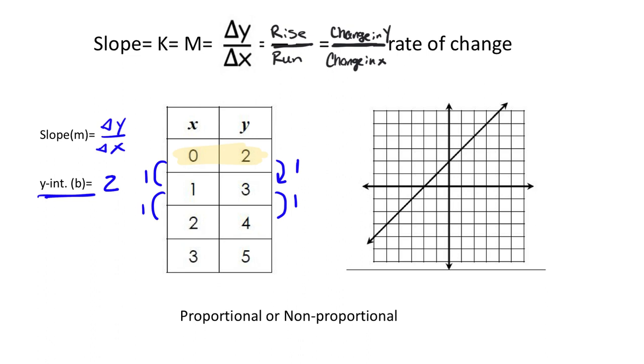The change in y was plus 1 over plus 1. So 1 over 1 simplifies to just 1. So my slope is 1. Box that so we can see it, and I'll box that answer too.